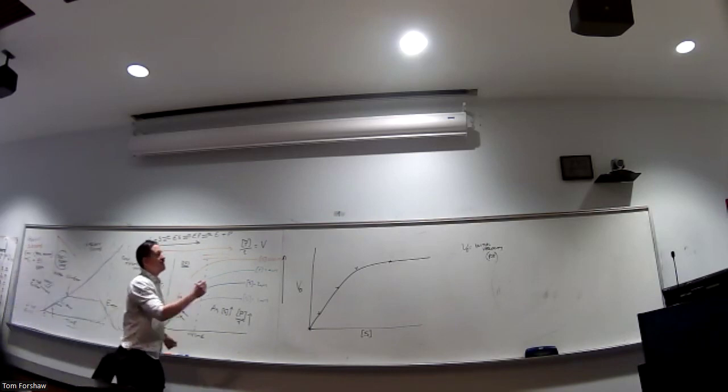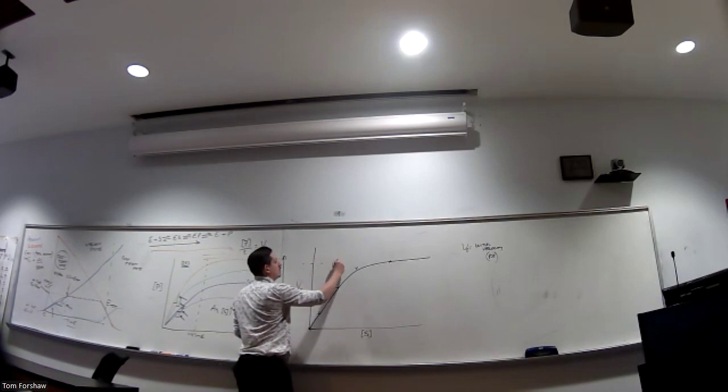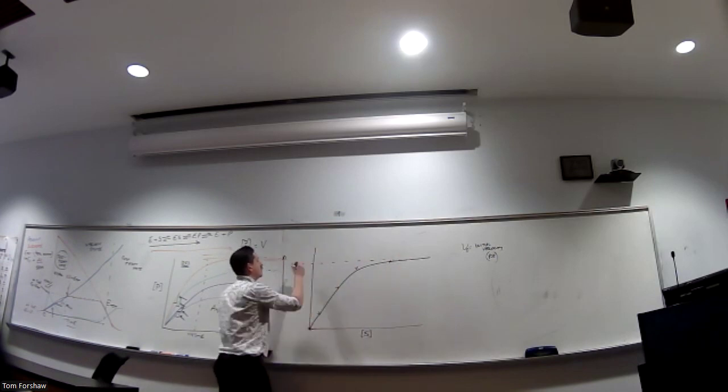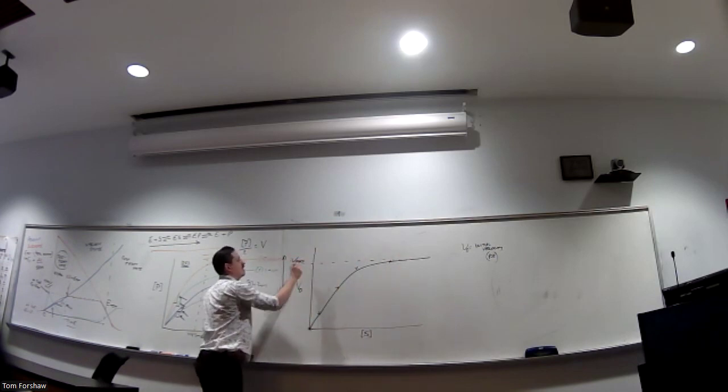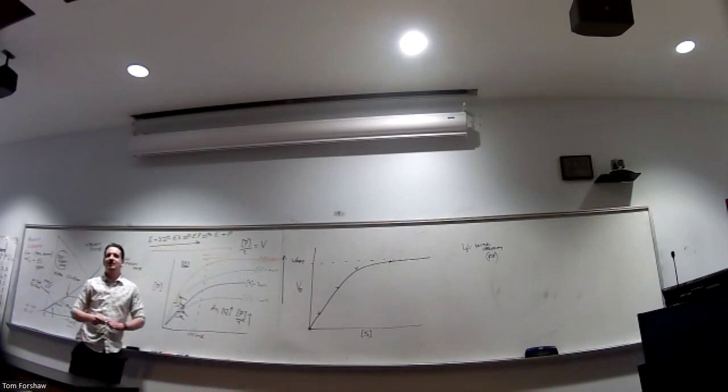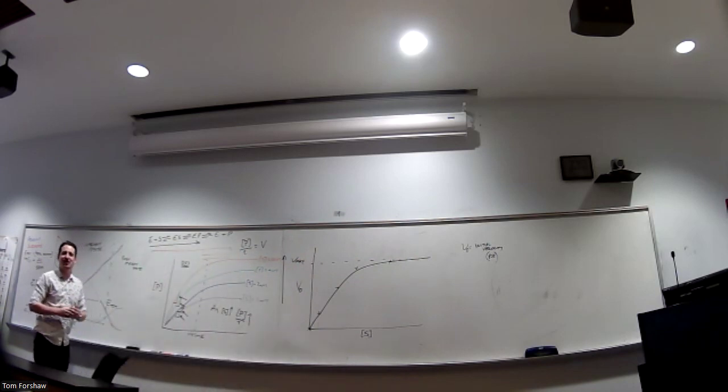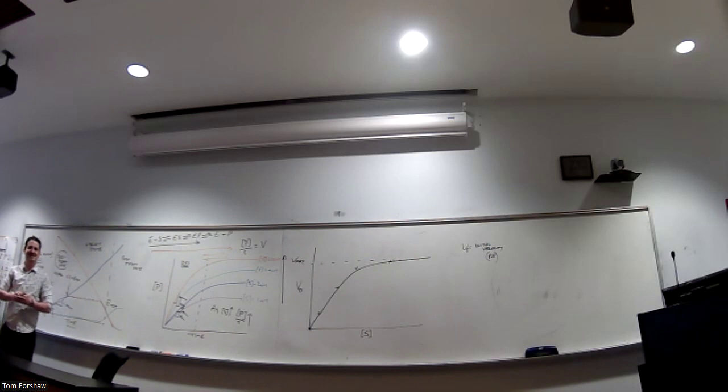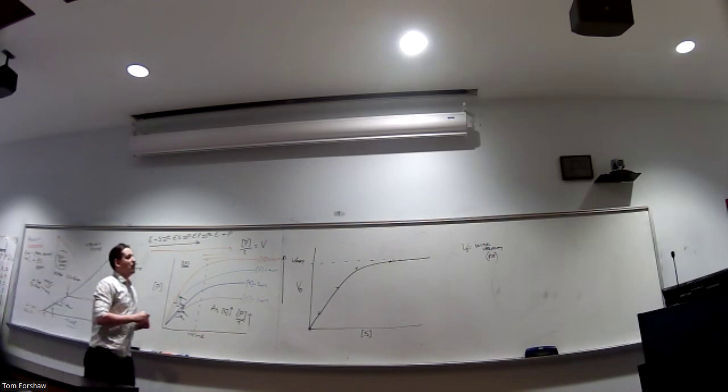Whatever that velocity is, that's Vmax. That's the maximal velocity. As a few people already heard, have you heard of this one before? Yeah. The Vmax. That's the maximal velocity. That's going to be the velocity of the enzyme when it's in the steady state.